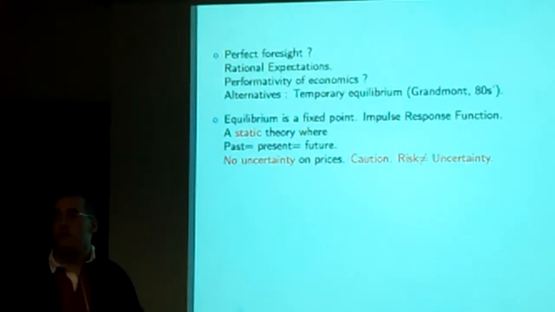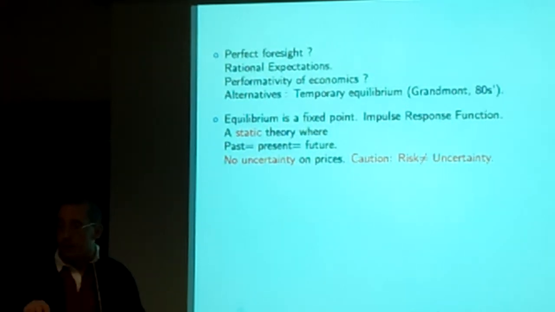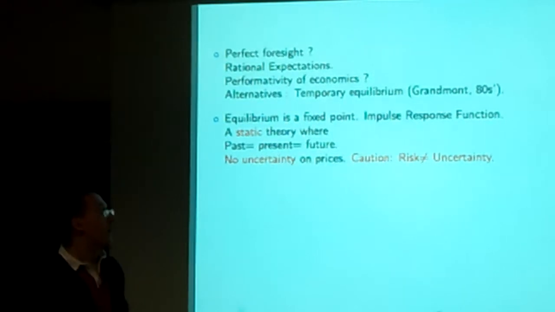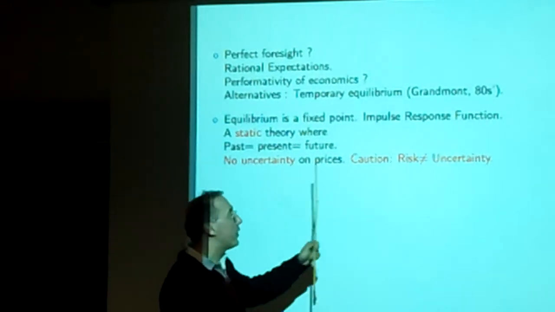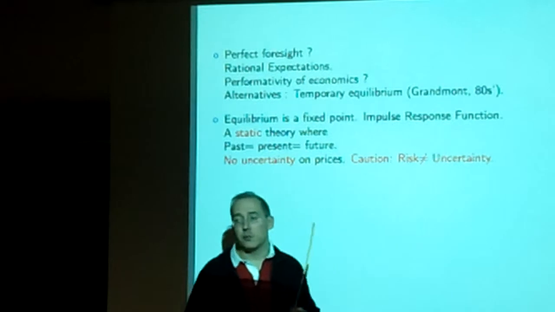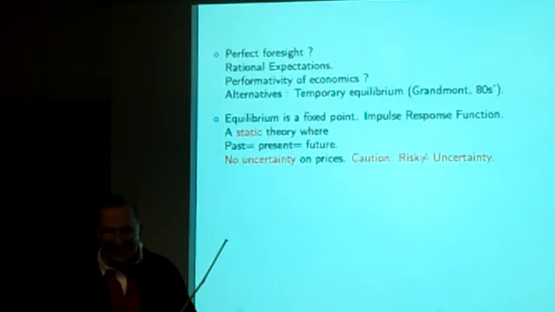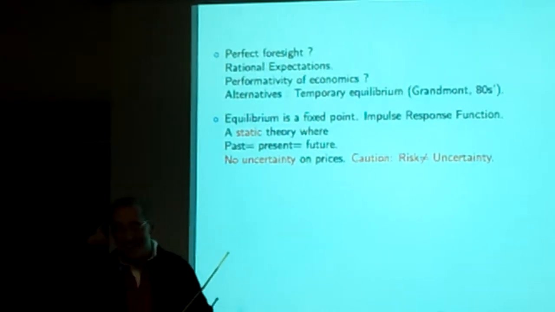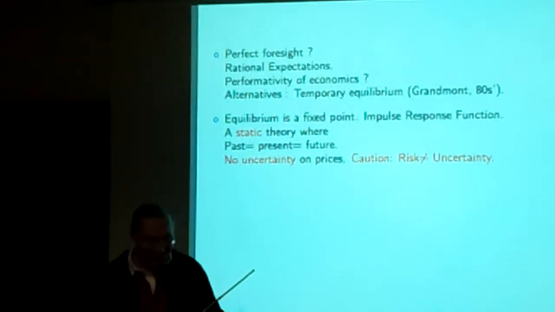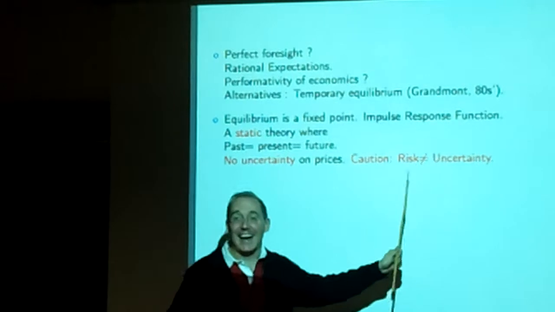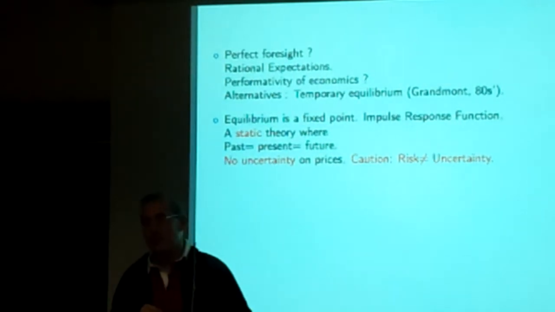I know that with probability 1/6, I will have this and this. Uncertainty, I don't know the result and I don't know the probability.